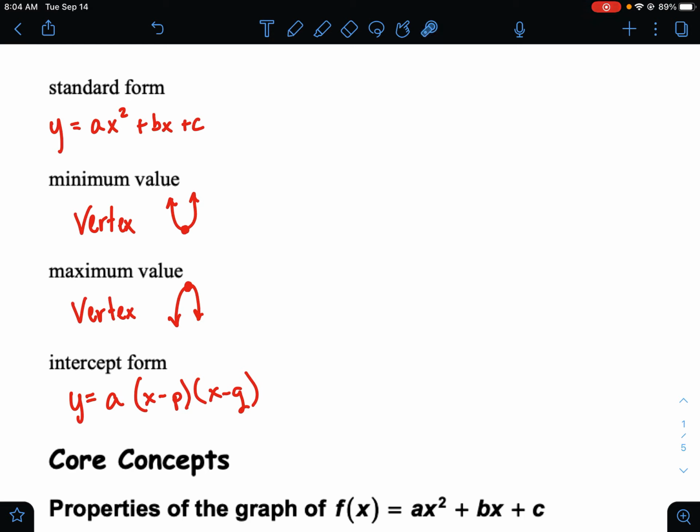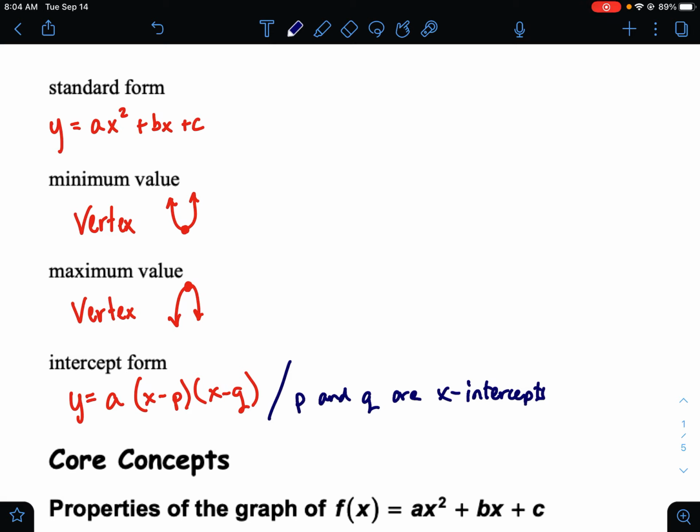In intercept form, the p and the q end up being your x-intercepts. P and q are x-intercepts. And that is what is unique about intercept form.